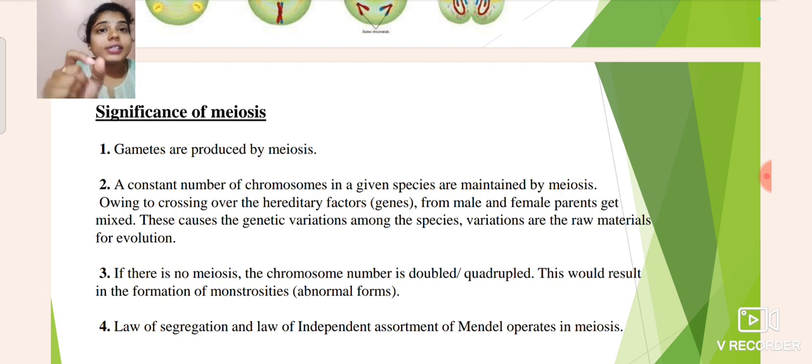If crossing over and genetic material exchange occur, it leads to the formation of mutations and also variations. If it does not occur, there is no mutation and no variation.